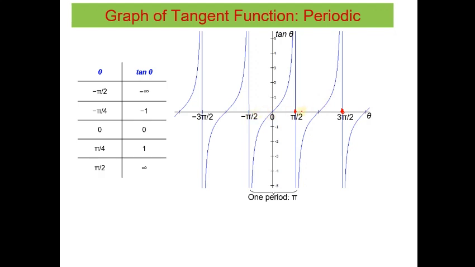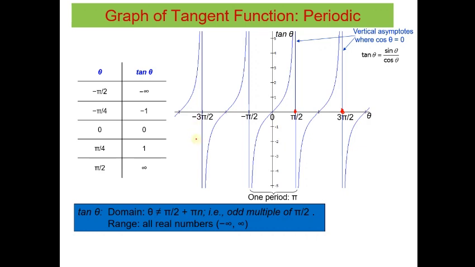So from here to here is pi. From here to here is pi. And that's what we talk about as the periodicity. So it's repeating itself after a pi radian, right? And also note that the graph here will never touch this axis. That's why it's considered a vertical asymptote.